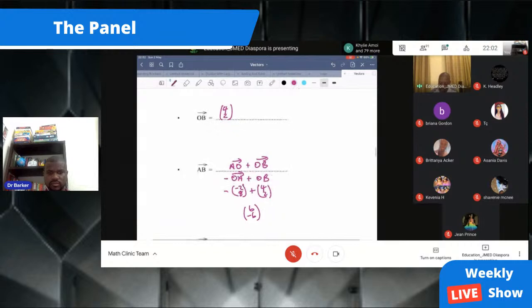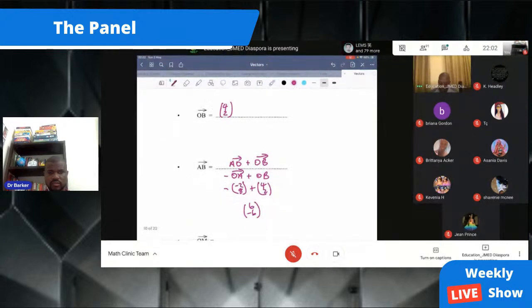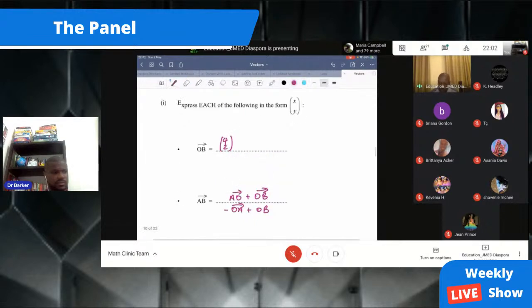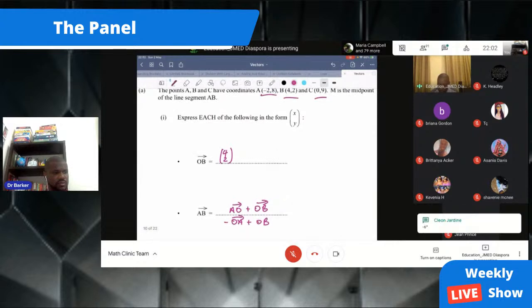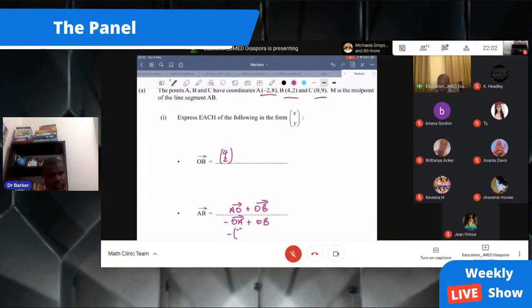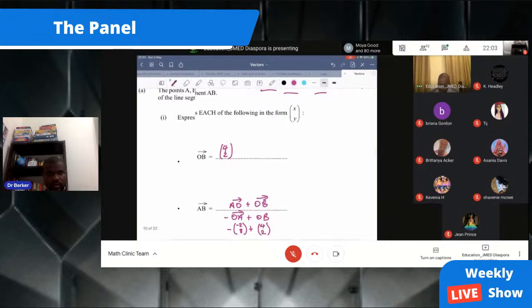Okay. So here, let's do this. It's like this. Good. So we are doing the negative of OA. OA is, so it's going to be the negative of -2, 8 plus OB, which is 4, 2. Okay?